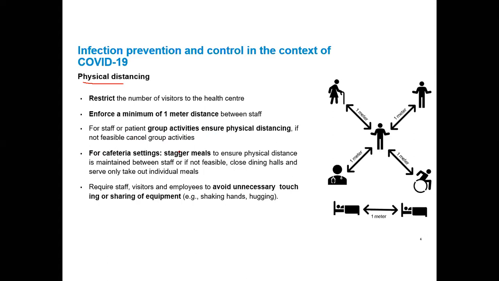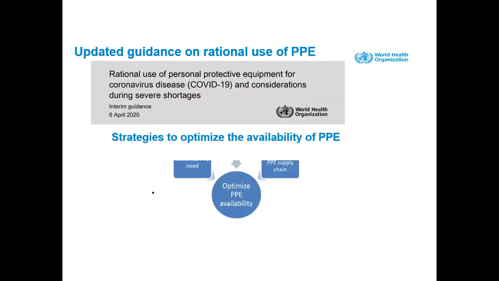For cafeteria settings, stagger meals to ensure physical distance is maintained between staff, or if not feasible, close dining halls. برضو لو مش متاح ان احنا نعمل physical distance او social distancing في الكافيتيرياز في restaurants, we have to close dining halls. كل واحد ياخد وجبته ويتوكل على الله. Require staff, visitors and employees to avoid unnecessary touching or sharing equipment like shaking hands and hugging. ده طبعا معروف.